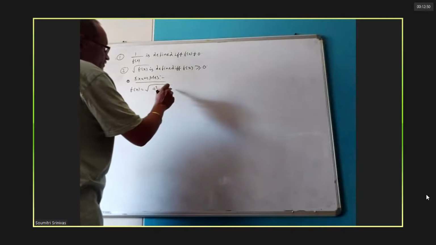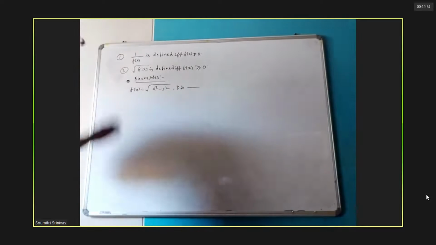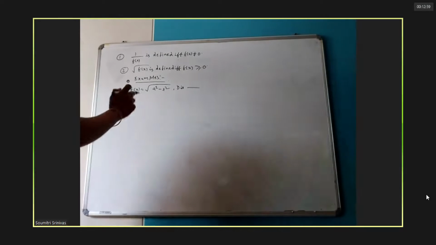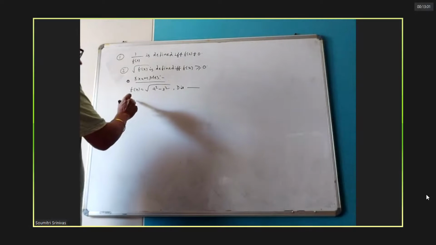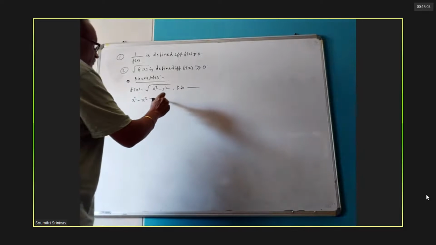Domain is dash. बच्चे लोग स्टार्ट करो. Start solving this. How do you write this one? a square minus x square greater than or equal to 0.